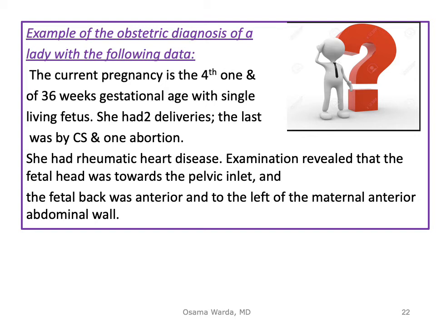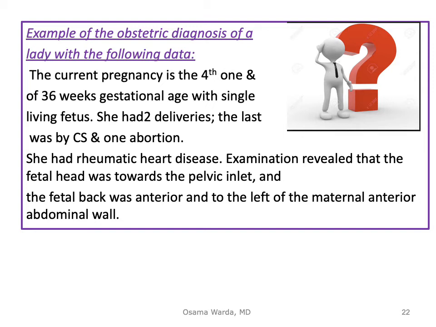What about the fetal lie? The fetal lie is longitudinal lie, because he mentioned that the head faces the pelvic inlet and the back is anterior and to the left side of the maternal abdomen. So she is fourth gravida, second para, pregnant 36 weeks, longitudinal lie, cephalic presentation, left anterior position.